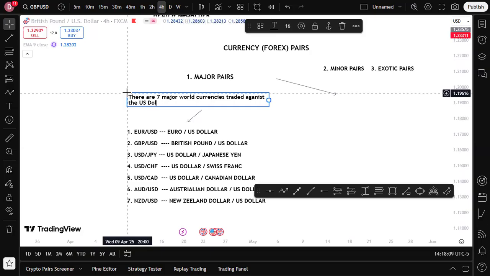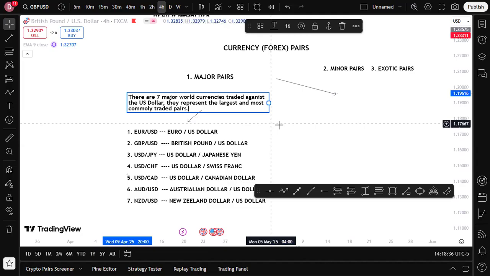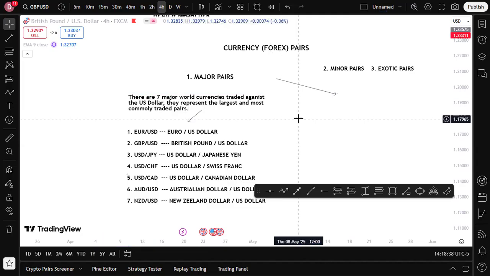They represent the largest and most commonly traded pairs. So this is for the major pairs.